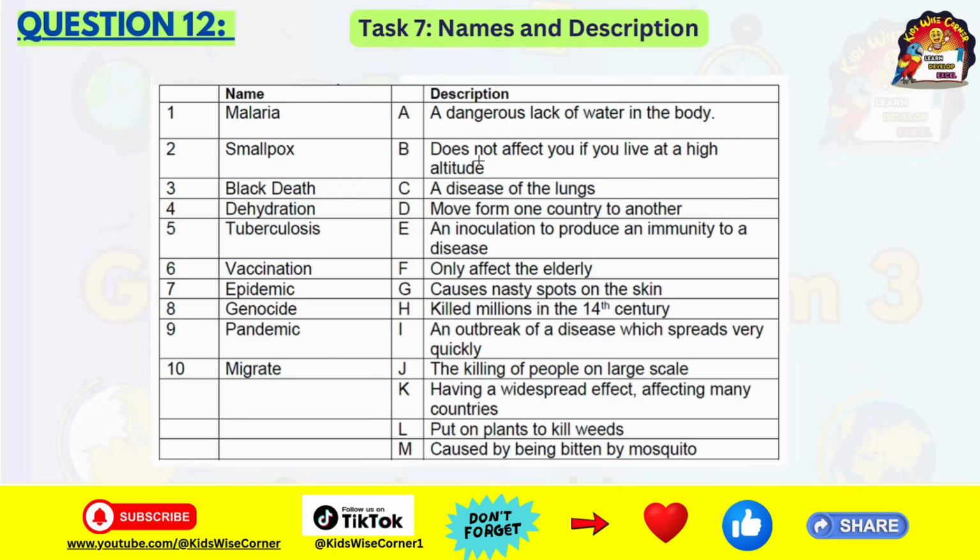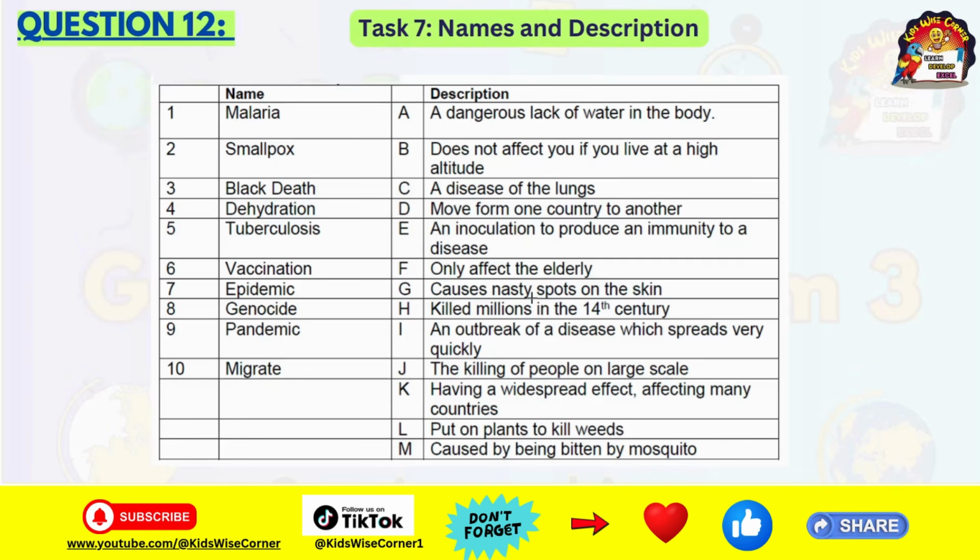B, does not affect you if you live at a high altitude. C, a disease of the lungs. D, move from one country to another. E, an inoculation to produce an immunity to a disease.